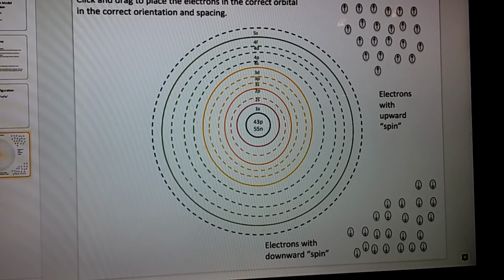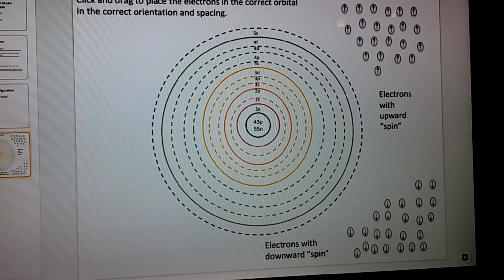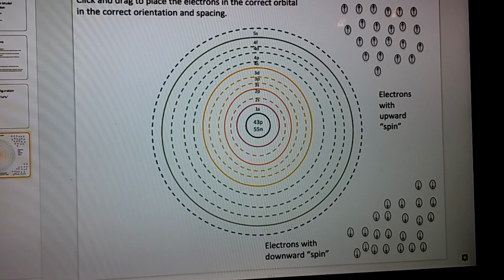And then for this particular one, I had them click and drag the electrons into the correct location according to the EC shorthand. So this was an accommodation for students that couldn't complete the other assignment the way it was written for whatever reason.